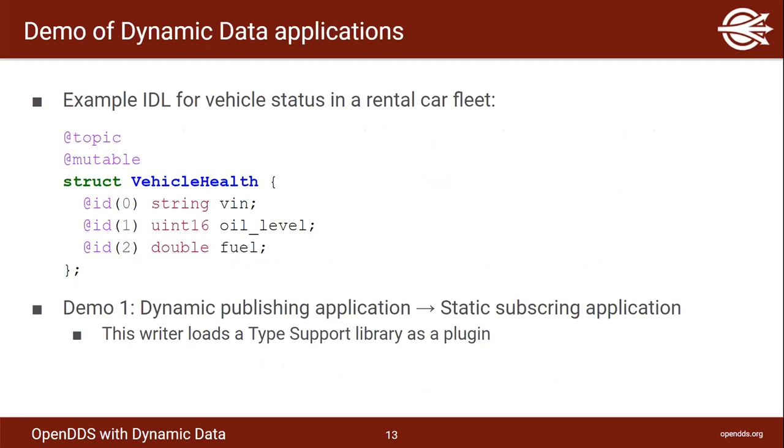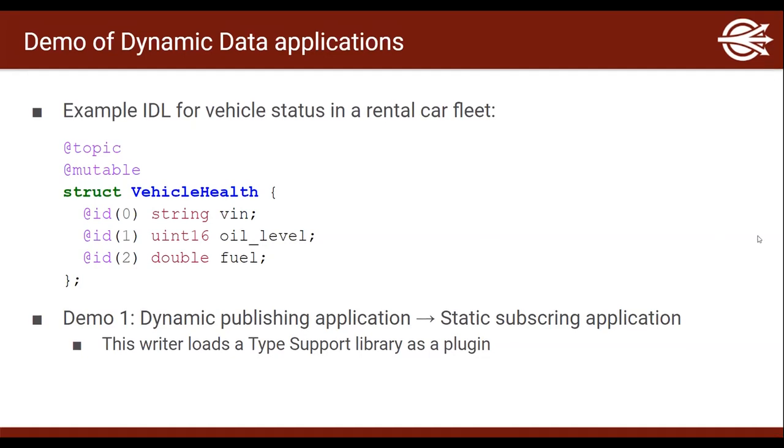So right now I wanted to get into a demo for actually using this dynamic data. For this, we're going to take some IDL from our original XTypes webinar, or at least the idea: you have vehicles in a rental car company, and you want to know how they are doing.